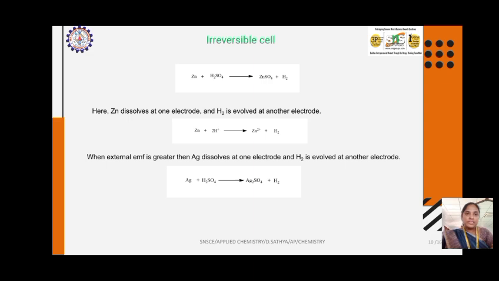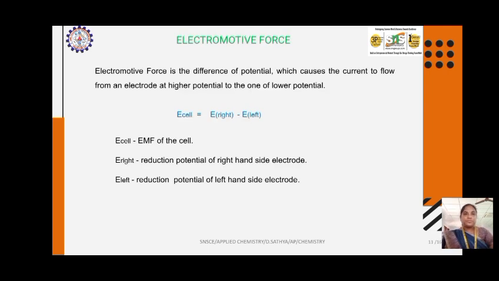In an irreversible cell, zinc is in contact with sulfuric acid and zinc sulfate is formed. Here the zinc dissolves at one electrode and hydrogen is evolved at the other electrode. When the external EMF is greater, silver is dissolved at one electrode and hydrogen is evolved at the other. The silver in contact with sulfuric acid gives silver sulfate and hydrogen is evolved.